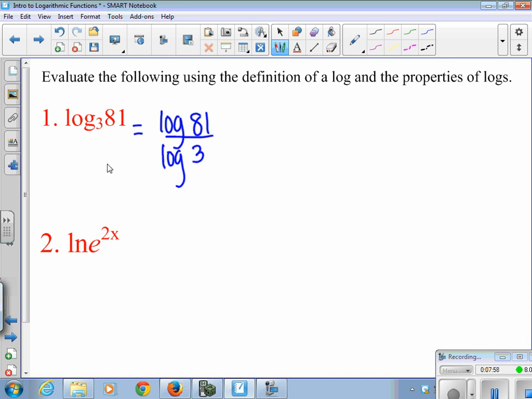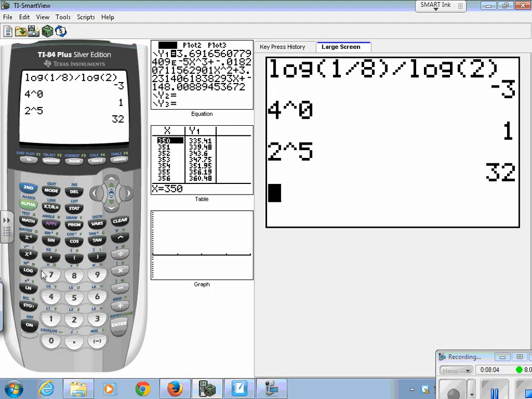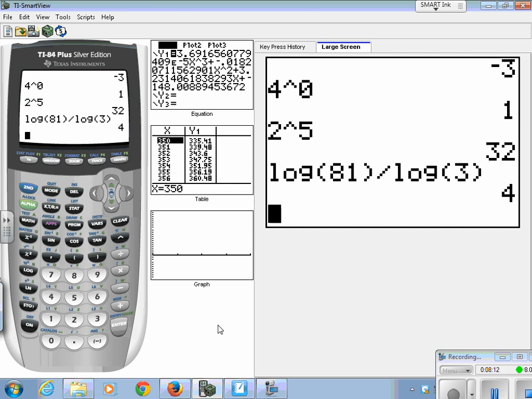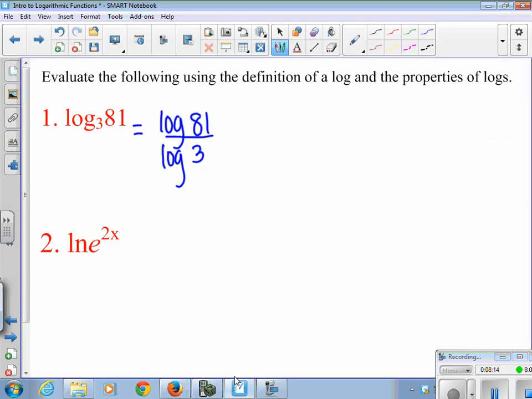And so some of you may have been able to figure out that 3 to the 4th power gives me 81. But if you can't, then you can do this, log tall divided by log small. And so that would be 4. And so then if you went back and rewrote this as an exponent, shell snail, then 3 to the 4th should give me 81. So you can check your answer.